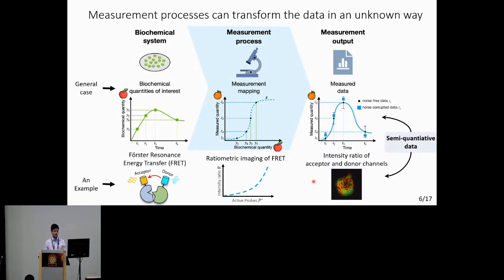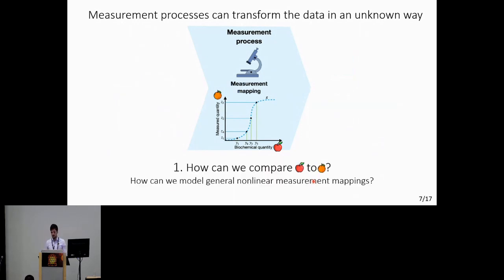We call this semi-quantitative data, because it is quantitative, it is numbers, but we cannot really use it directly. There's a middle step, some kind of a measurement mapping, and this is what we're going to focus on. We're going to focus on how we can model this general nonlinear measurement mapping that transforms our data. Or in other words, how can we compare apples to oranges?